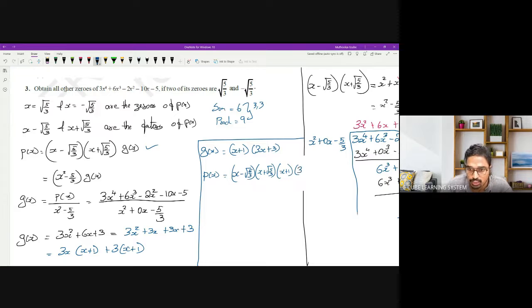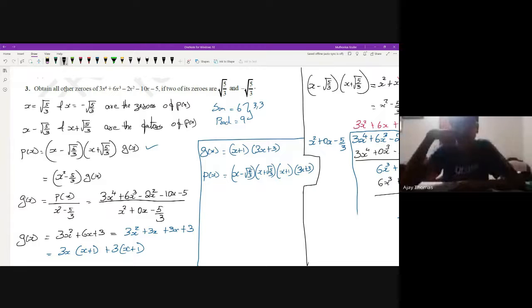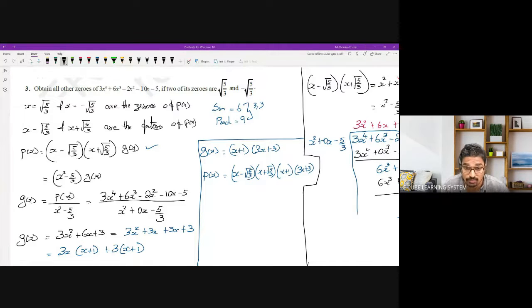Now we can put it to zeros and find the factors. Sorry, we can find the zeros from these factors. These two are already simplified. Next two, simplify.